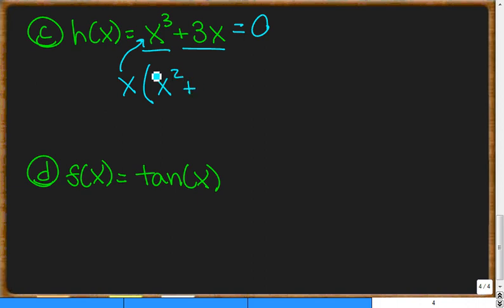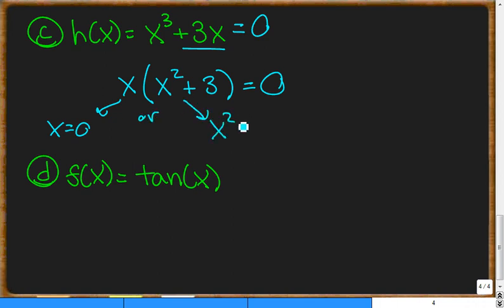And if I removed the x from 3x, I would have a 3. Now this creates a multiplication. We're multiplying this by that, which when we have this equal to 0, we can split this up. We can say, okay, either x equals 0 or x squared plus 3 equals 0.